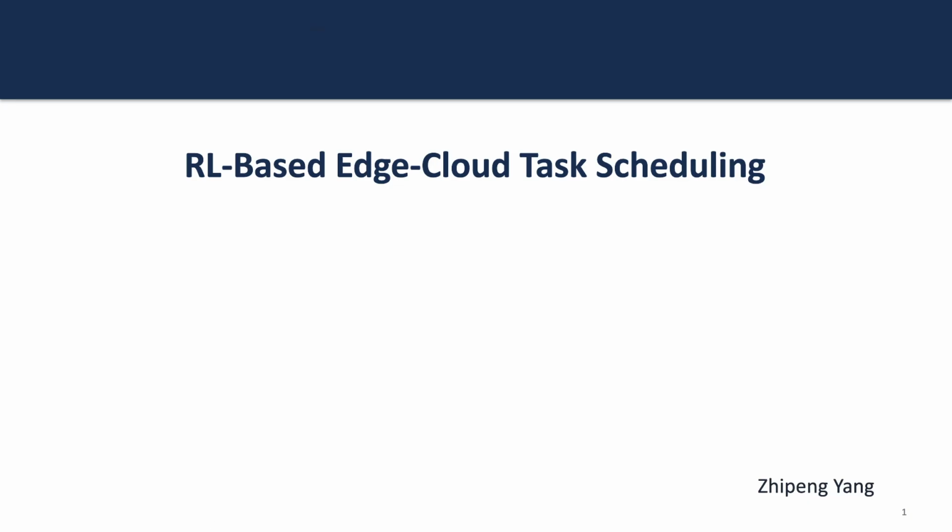Hello everyone. My project is reinforcement learning based edge cloud task scheduling. In this project, I built a three-node cloud lab environment with an IoT node, an edge node, and a server node. The goal is to decide where each incoming task should be processed: locally on the IoT node, on the edge node, on the server node, or rejected.